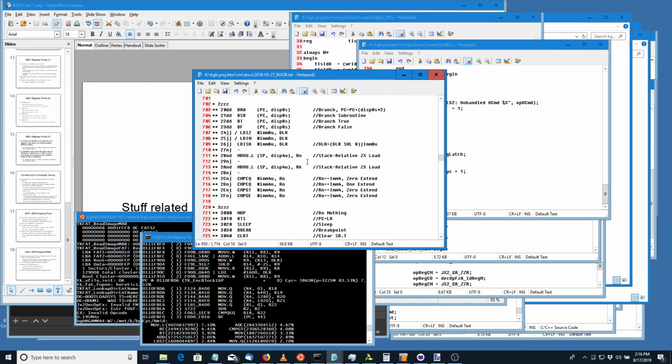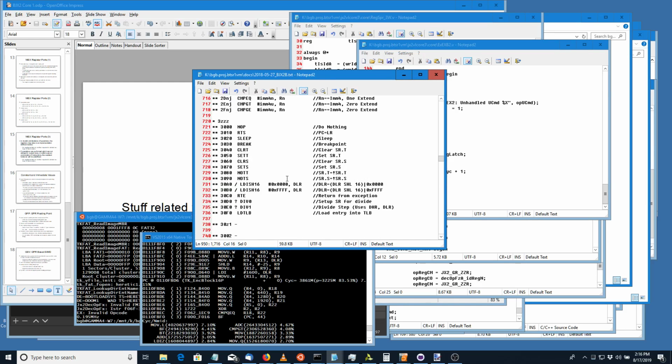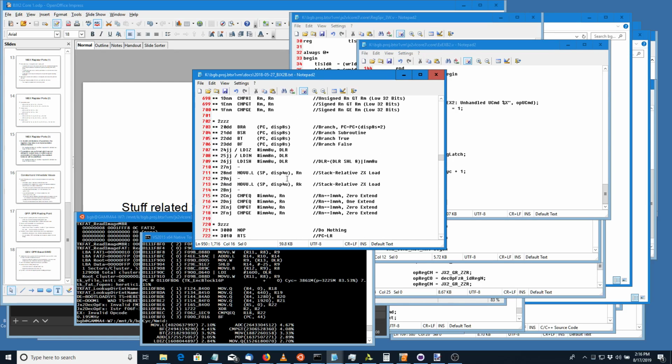Single register ops generally implicitly have access to all 32 registers because of the encoding.